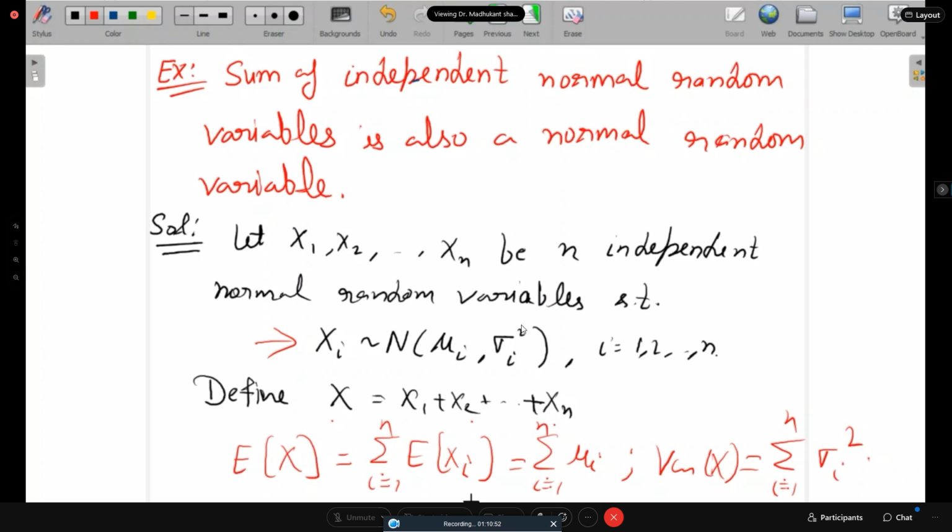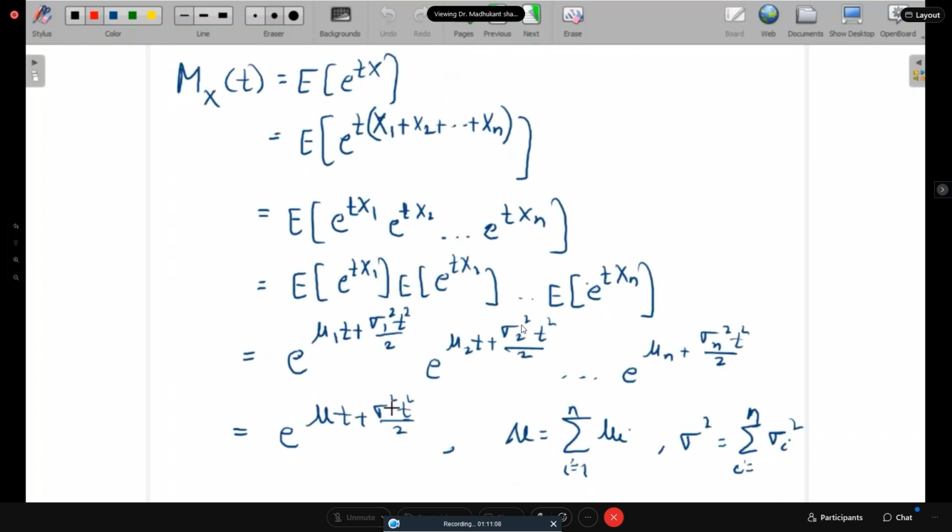Now you try to verify. This X equals X1 plus X2 plus ... plus Xn. Use the fact that the Xi's are independent, and work out the moment generating function of the random variable X, which I'm giving here straightforwardly: the expectation of e to the power tX, where X is X1 plus X2 plus and so on up to Xn. Everything follows in the similar fashion as in the binomial case.